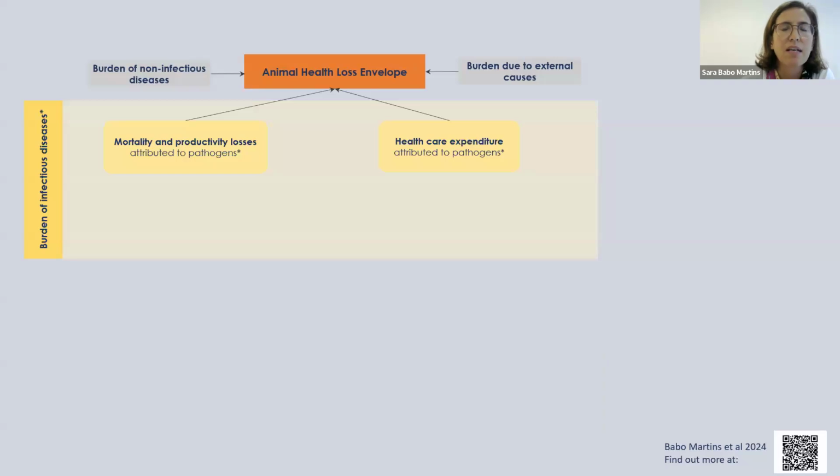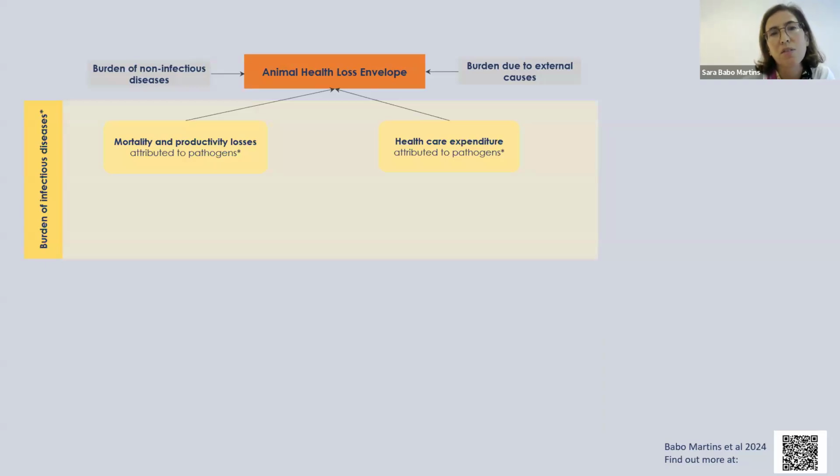The conceptual framework really helped us to understand how AMR creates pathways for losses and how those pathways for losses can go into the one metric of GBADs, which is the animal health loss envelope. This is an envelope that has within it losses due to all causes, including infectious diseases, but also other causes, as you can see here. And AMR will naturally sit within this box, the wider box of burden of infectious diseases.